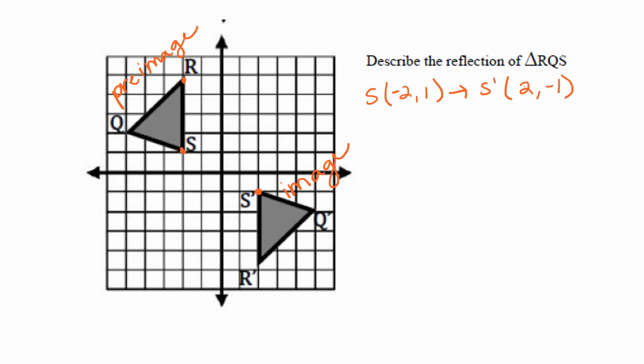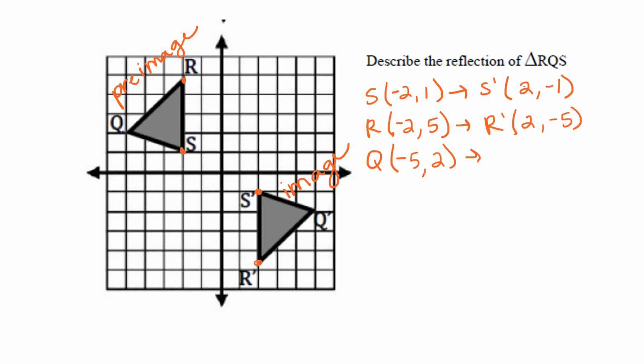Then let's go to R. R is (-2, 5), and R prime is (2, -5). Q is the point (-5, 2), whereas Q prime is the point (5, -2).